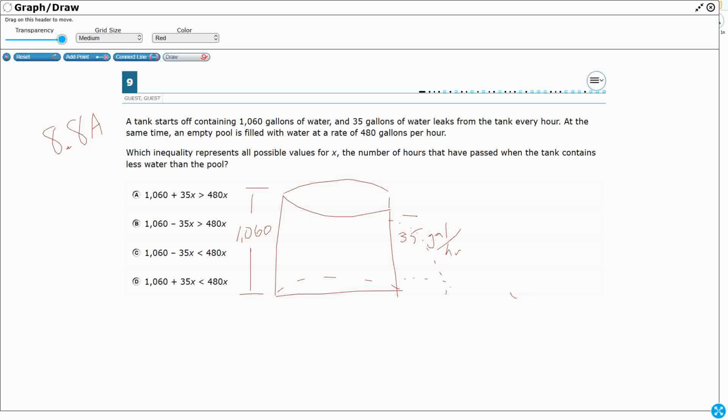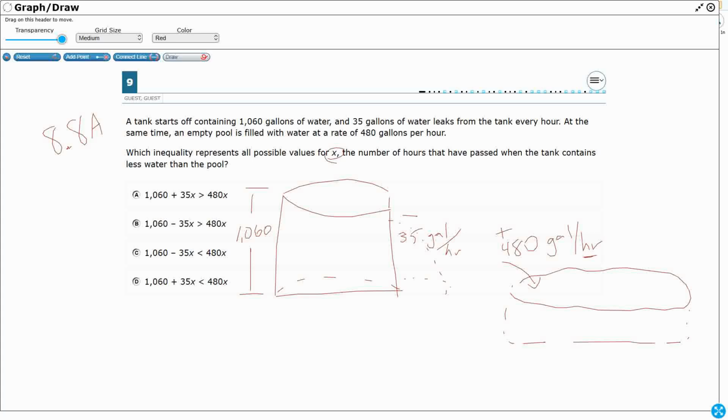All right, so we're going to get this big in-ground swimming pool here, and is filling up with water at a rate of 480 gallons per hour. So this is water is being poured into it, plus 480 gallons per hour. So which inequality represents all the possible values for x, the number of hours, right?